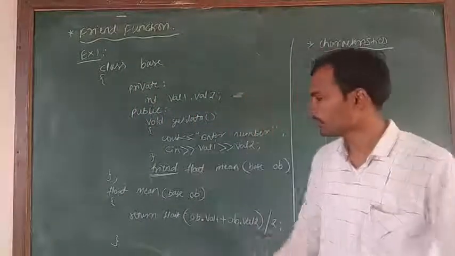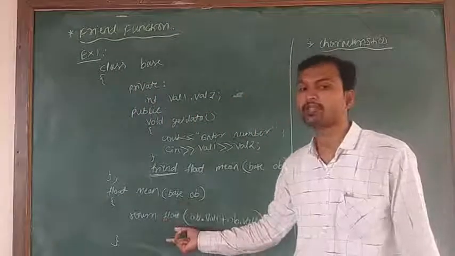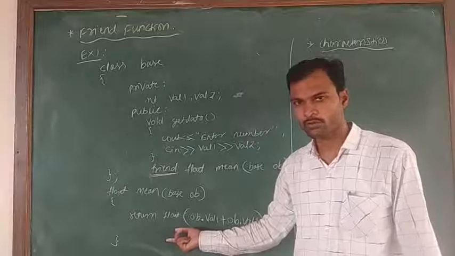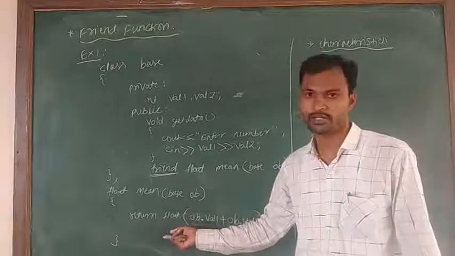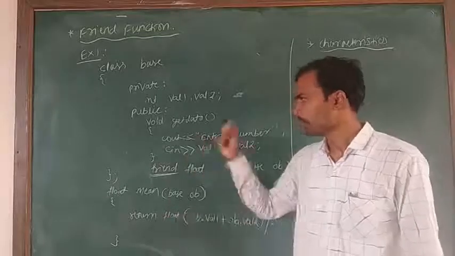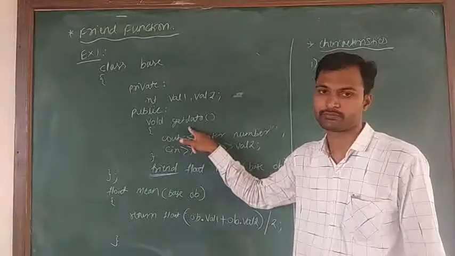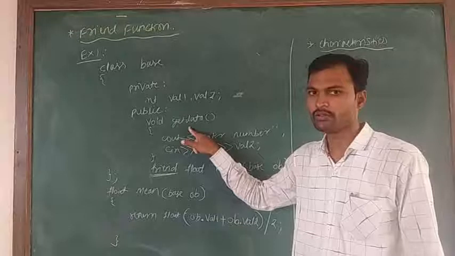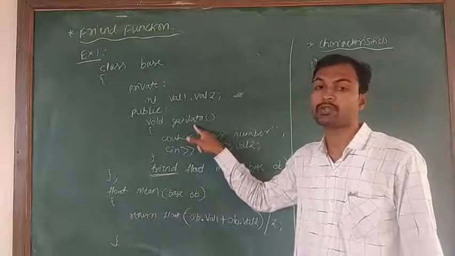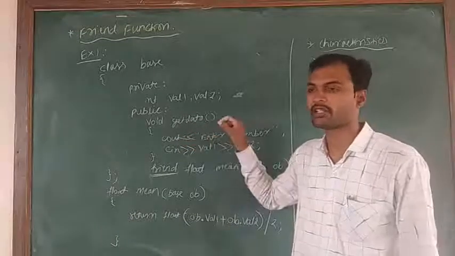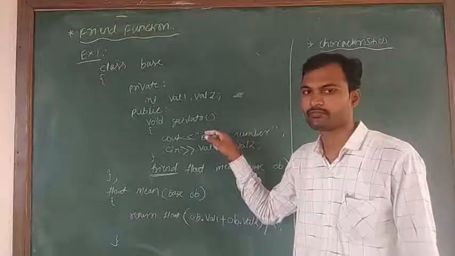We have to call getdata using the objects because it is a member function. You know that one: object name dot getdata. We will write like that.